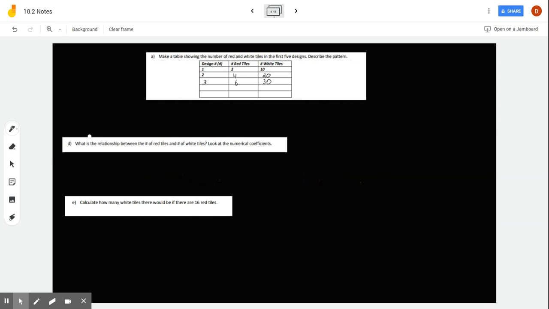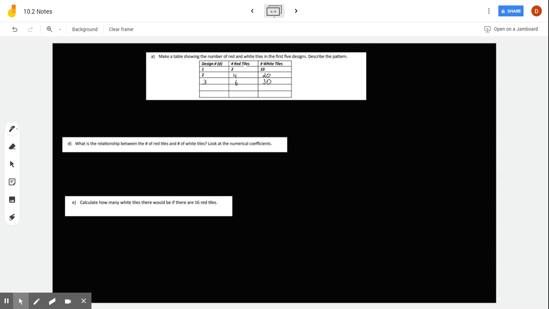Question D then says, what is the relationship between the number of red tiles and the number of white tiles? Let's look at the numerical coefficients. Well, when there are 2 red tiles, there are 10 white tiles. When there were 4 red tiles, there were 20 white tiles. 6 red tiles, there were 30. So what is the relationship?